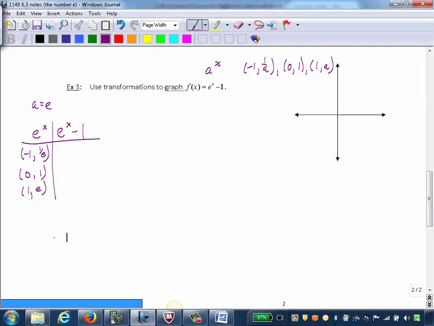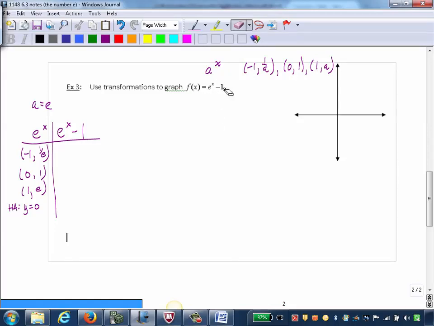Now we know an important feature of exponential functions is the horizontal asymptote. These parent exponential functions have a horizontal asymptote at y equals 0. So when we do transformations, we need to consider any transformations that will happen to that horizontal asymptote. Our parent function is e to the x, and then we're subtracting 1 from it.